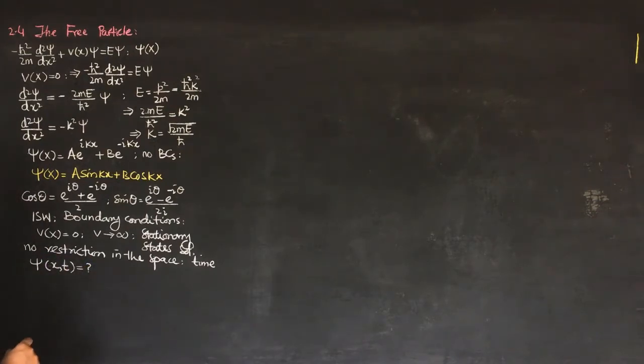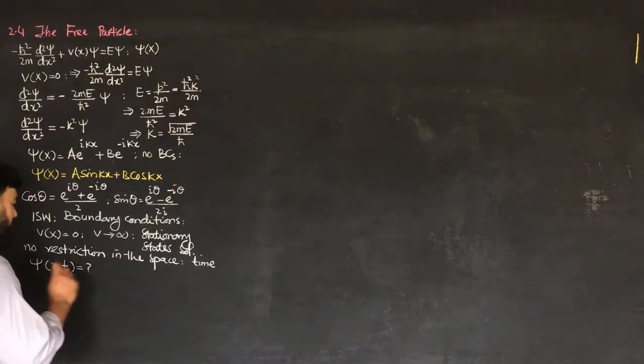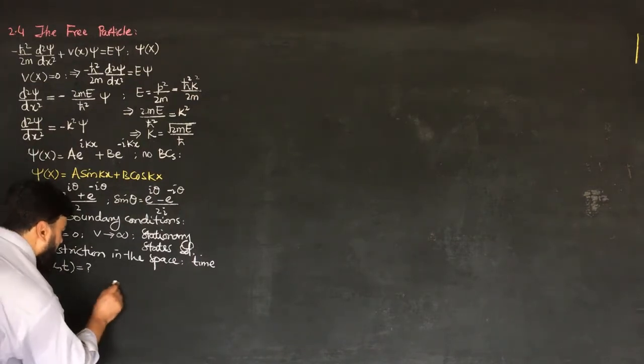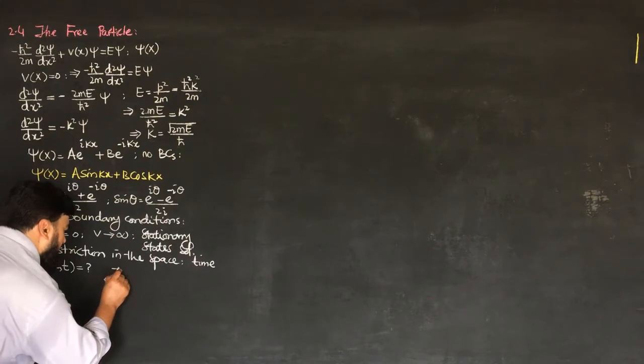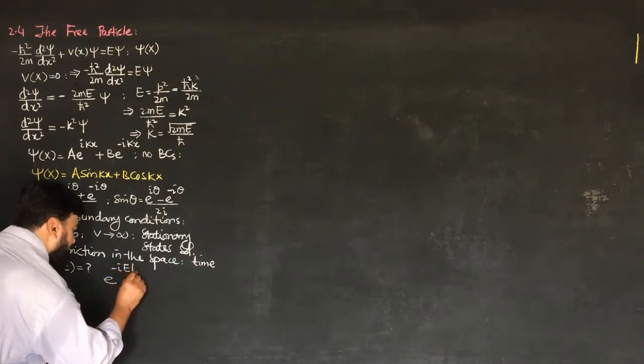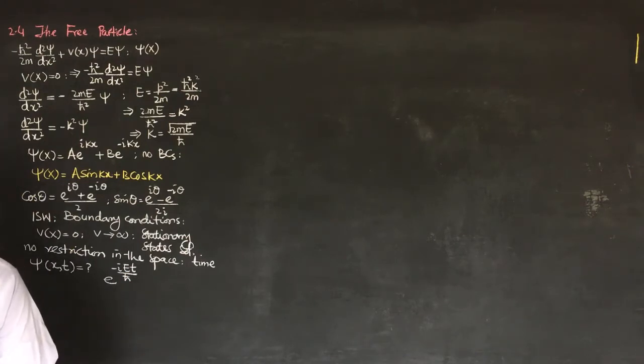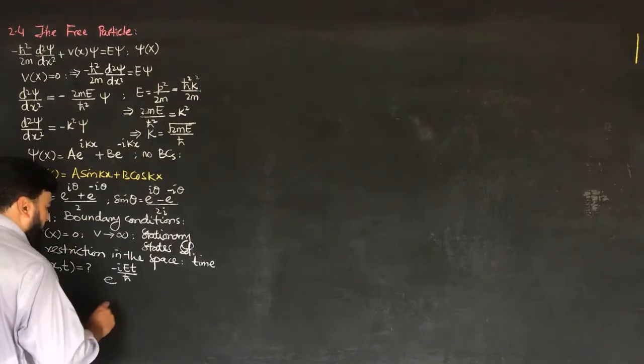So what will happen to the wave function after time t? And we know that the time dependent portion of the wave function was e to the power minus iEt over h bar. This we know from our previous knowledge.